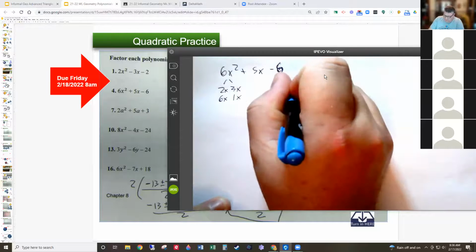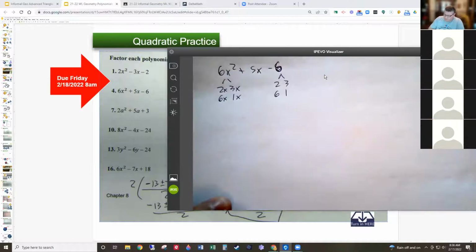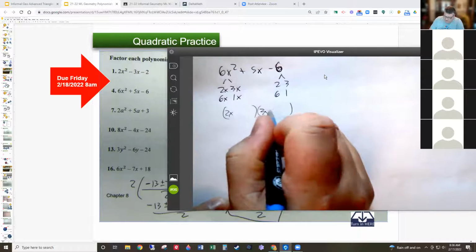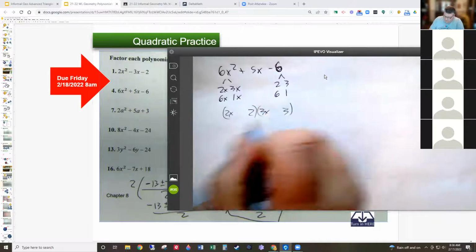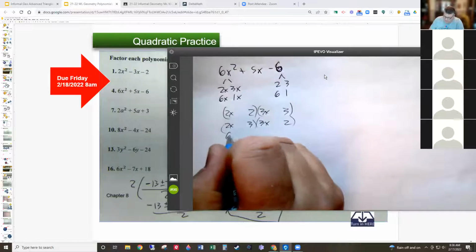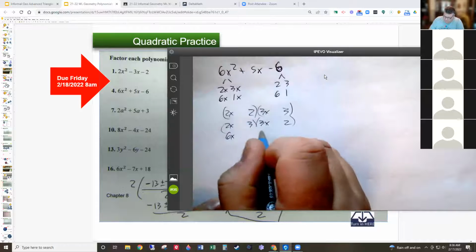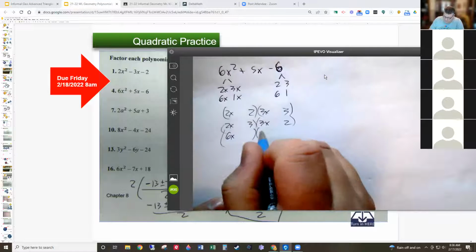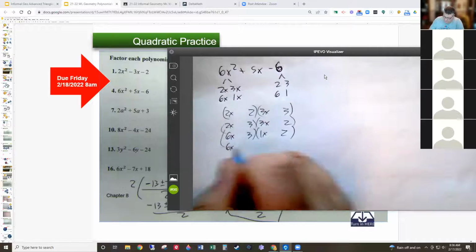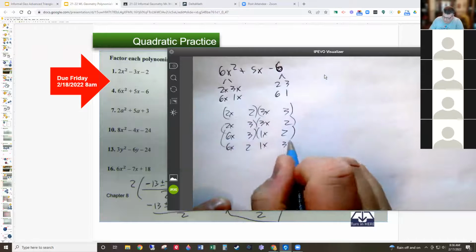So I have 2, 3, 6, 1, which means I could, if I were guessing this, have 2x, 3x with a 2 and a 3. I could have 2x, 3x with a 3 and a 2. I could have 6x, 1x with a 3 and a 2. I could have 6x, 1x with 2 and a 3.